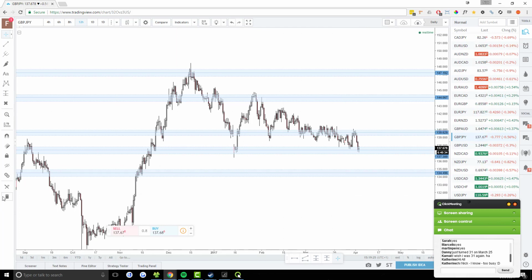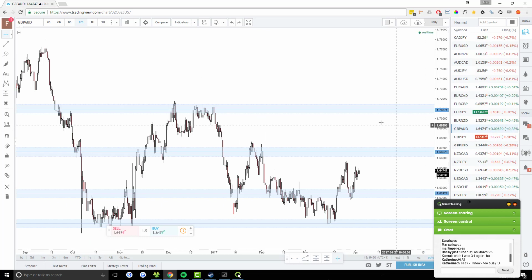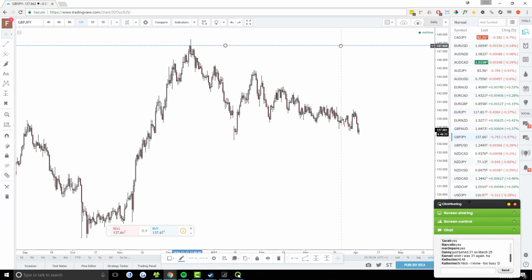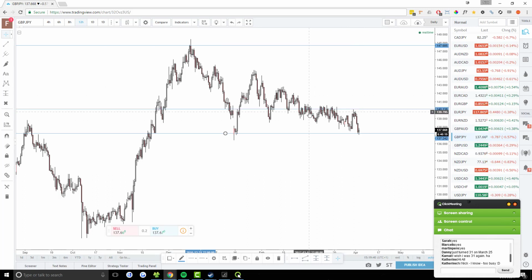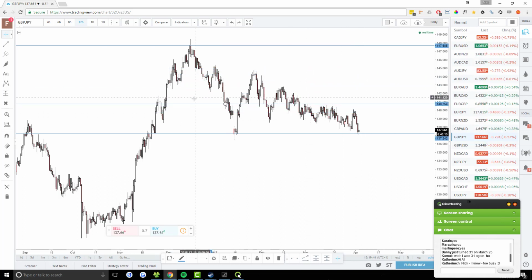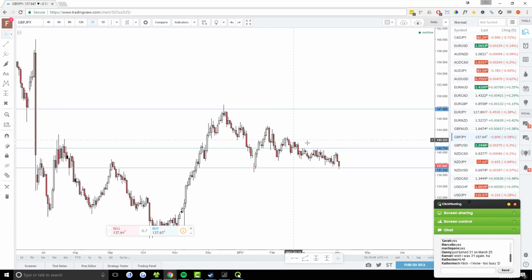All right, what I'm going to do first of all is my GBP-JPY support resistance areas have needed updating for a little while, so I'm actually going to update them. I was on the wrong time frame.